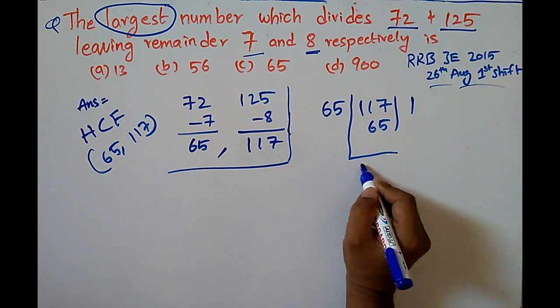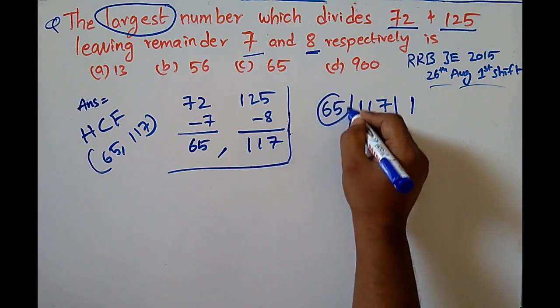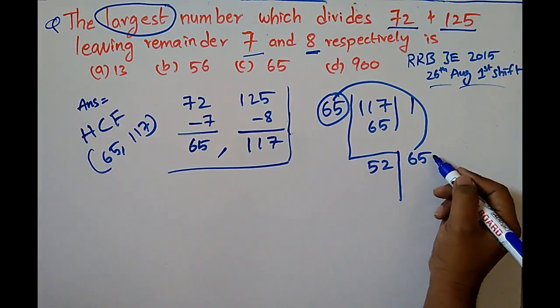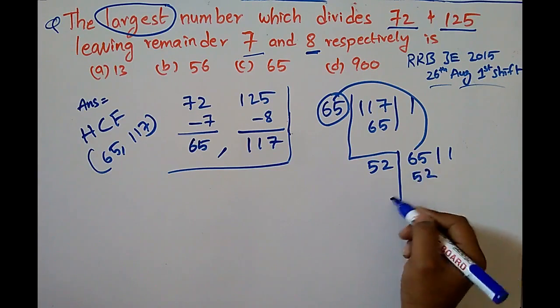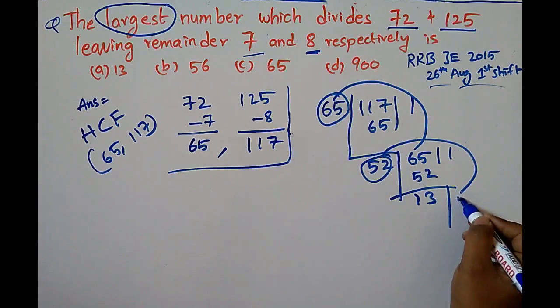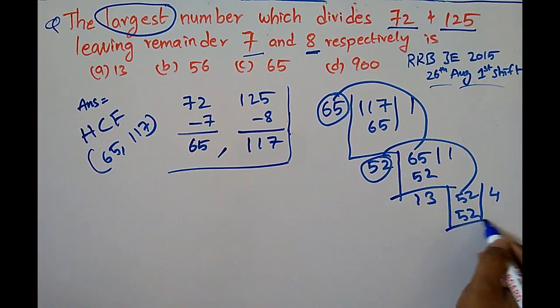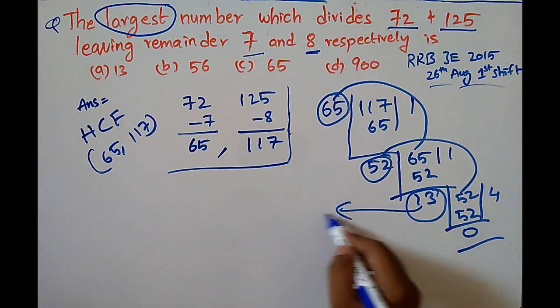The difference is 52. Then we will take the divisor here and divide with the remainder. 52 ones are 52, 13. Then we take the divisor this side. 13 fours are 52. The last non-zero remainder is the HCF.